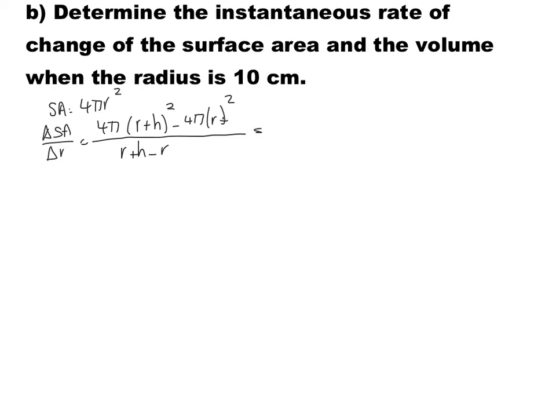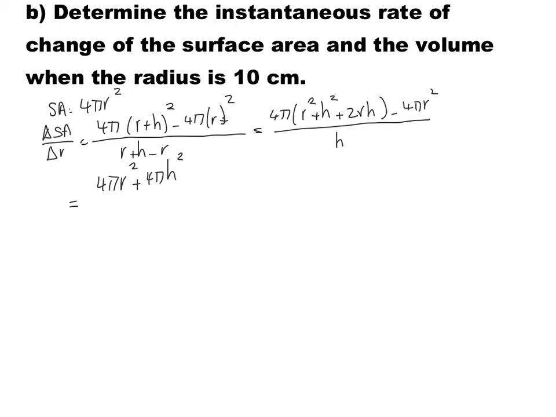If we expand this one, we get 4 pi times r squared plus h squared plus 2rh, minus 4 pi r squared, over h. This one is going to give us 4 pi r squared plus 4 pi h squared plus 8 pi rh, minus 4 pi r squared, over h. 4 pi r squared and 4 pi r squared are going to cancel out.